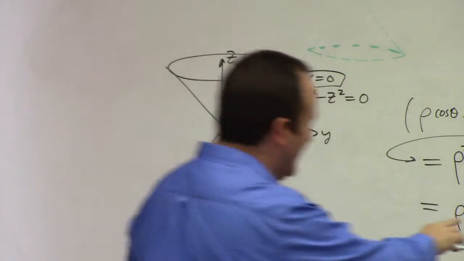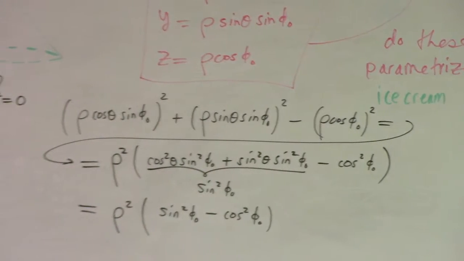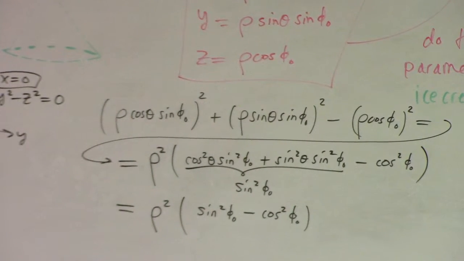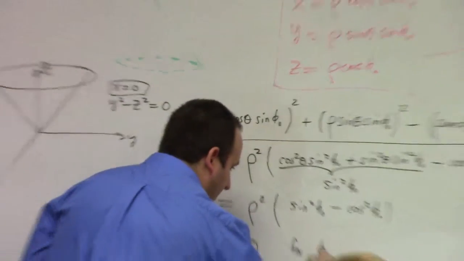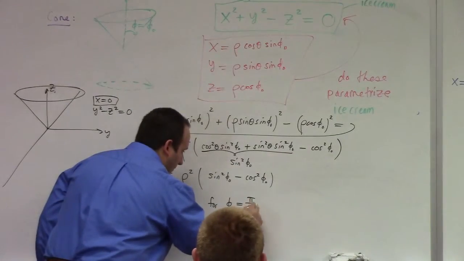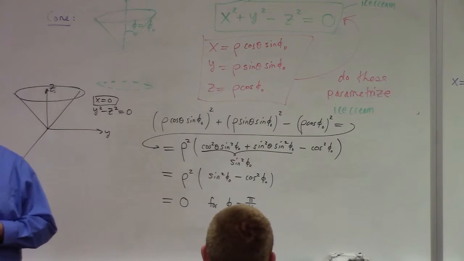So what happens to sine and cosine of 45 degrees? They're equal. So in the case of 45 degrees, this is 0. I know, I was worried too.